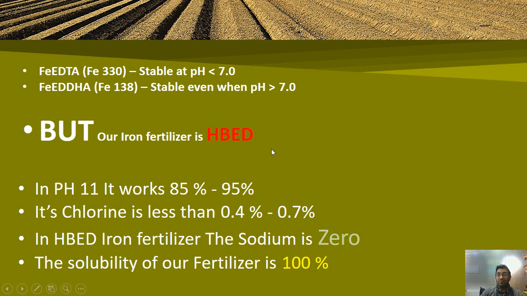HBED is a new technology that at pH 11 really works at 85% to 95%. It's very high. The chlorine is 0.4 percent to 0.7 percent. It's less than 1%. In HBED iron fertilizer, the sodium is 0. We can guarantee that there isn't any sodium in it.